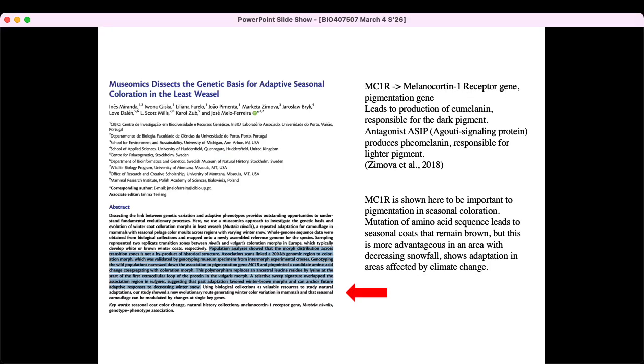And so it says down here at the end of this abstract, using biological collections as valuable resources to study natural adaptations, our study showed a new evolutionary route generating winter color variation in mammals, and that seasonal camouflage can be modulated by changes at single key genes. So I think that's where they found that some guys stayed brown all winter, what's the deal?